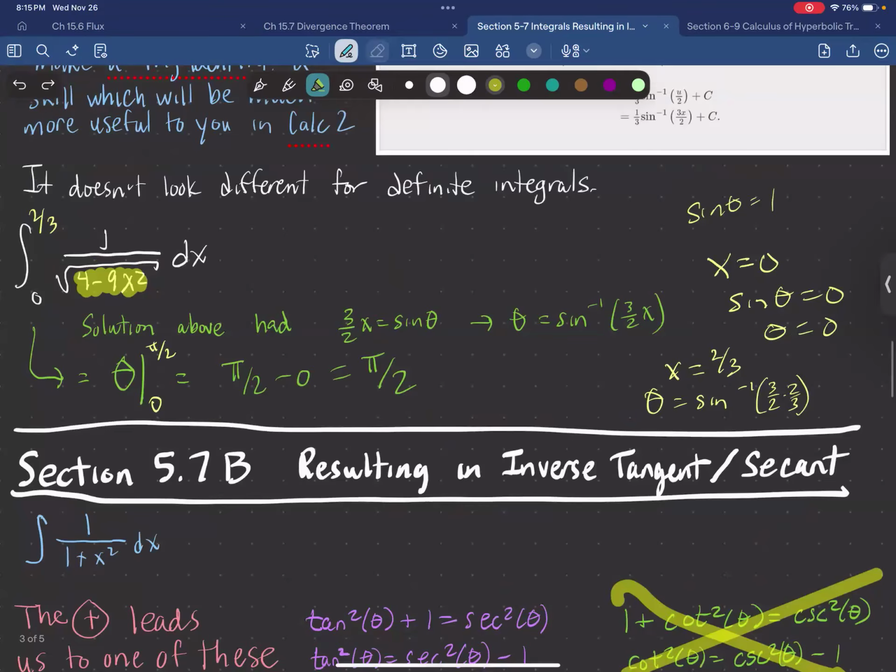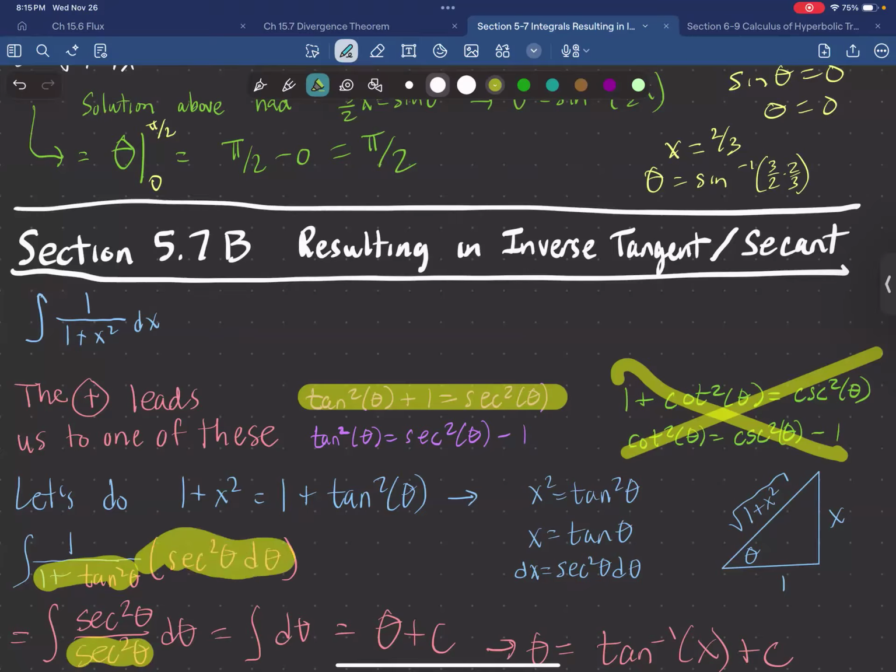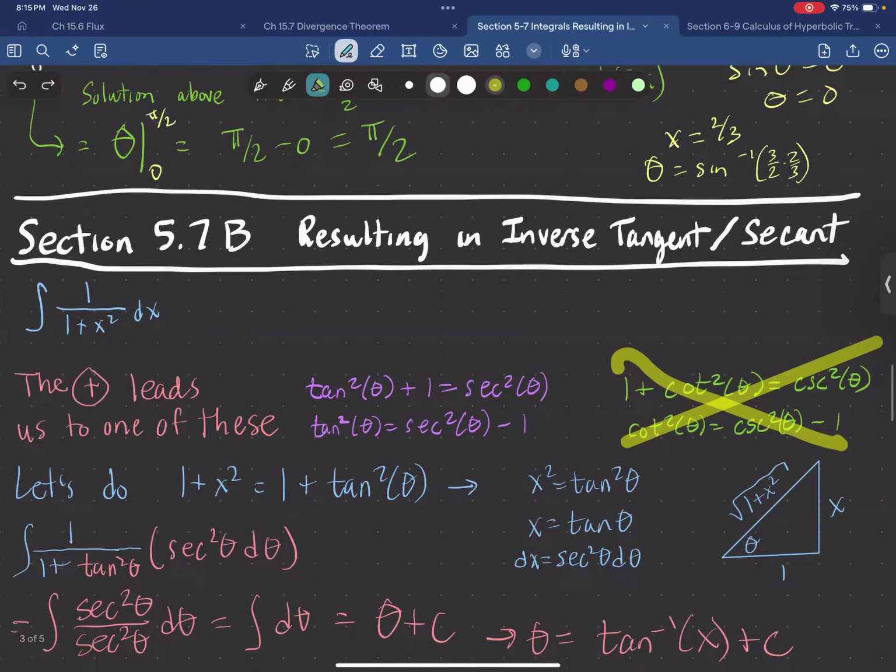So we're going to replace it like that. And then we've got 1 plus tangent squared. We're going to use that substitution right there. That becomes secant squared on bottom. We had a secant squared on top from our dx. Those cancel. We get the integral of d theta, which is theta plus c. So theta equals tangent inverse of x. That's how they came up with that formula up above.